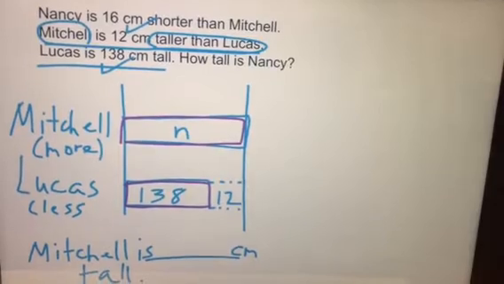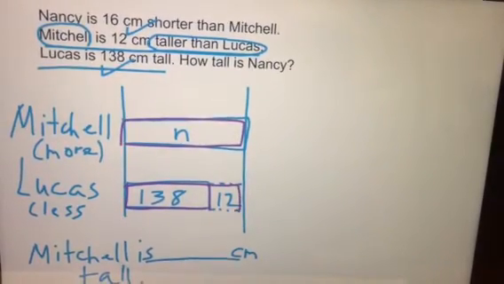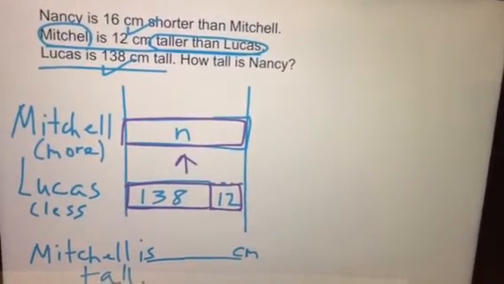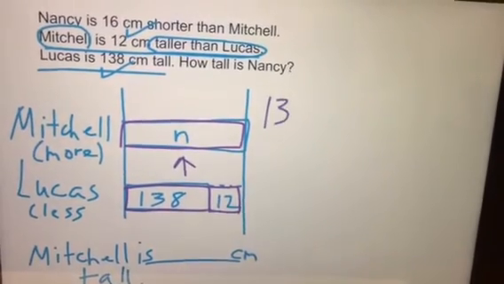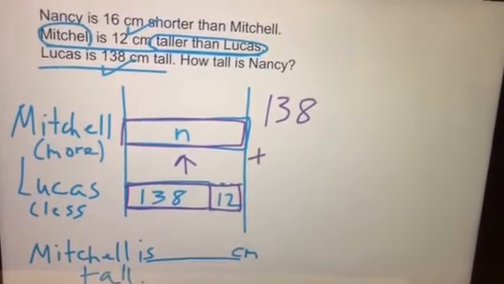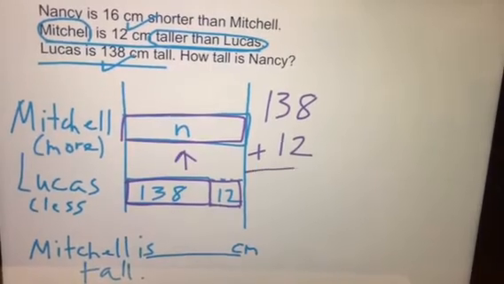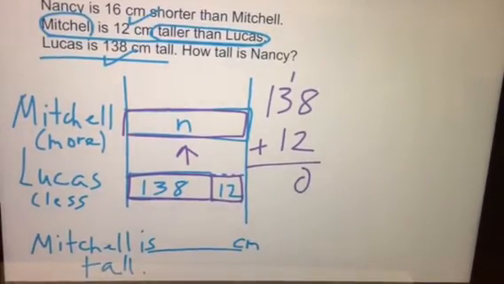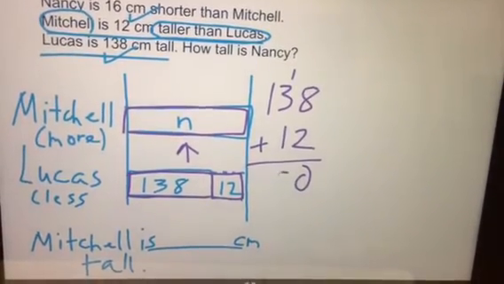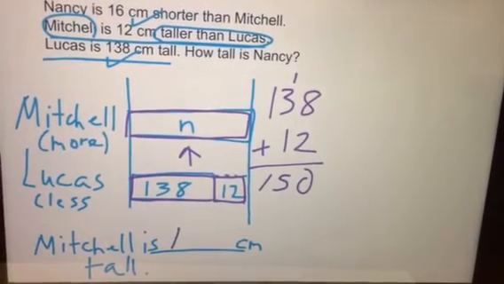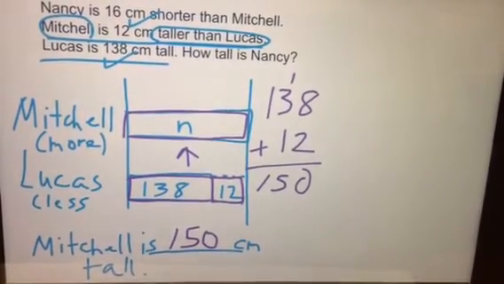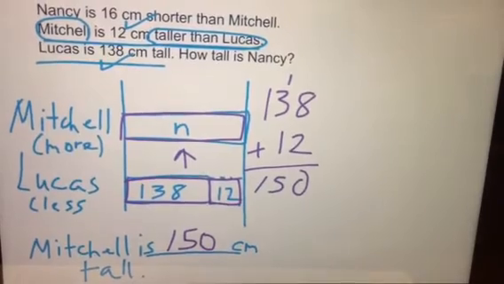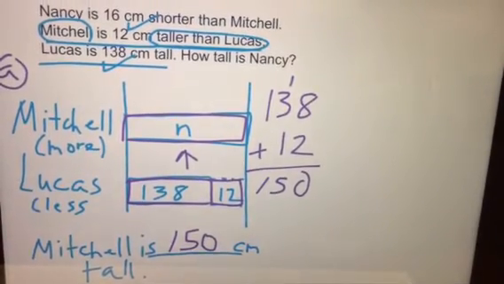Well, we know that this plus this will equal that bar. So we know that we're supposed to add 138 centimeters plus 12 centimeters, which gives us 150 centimeters tall.